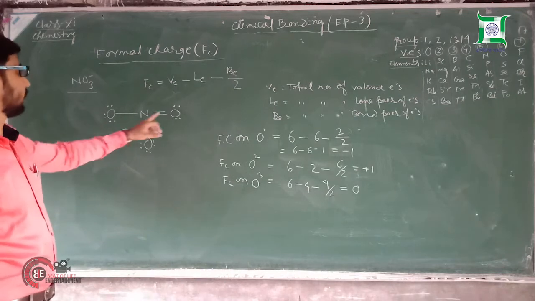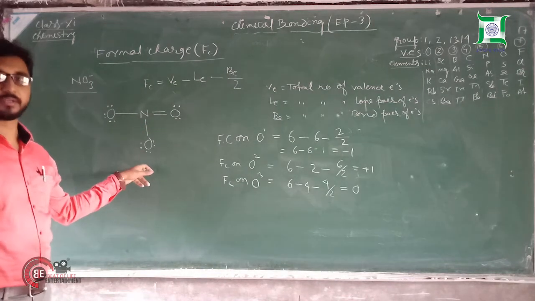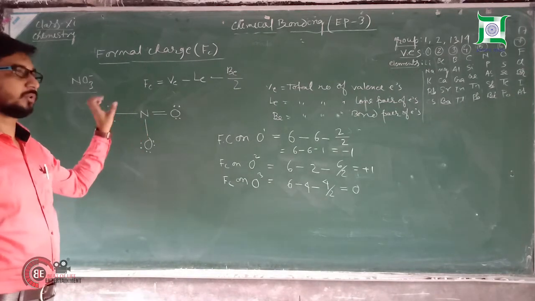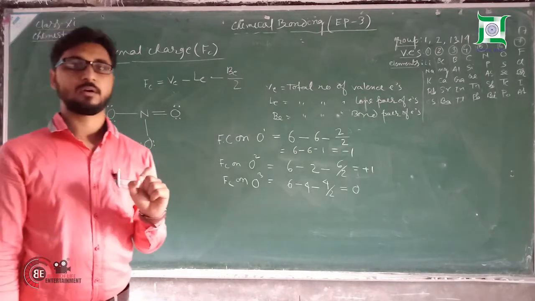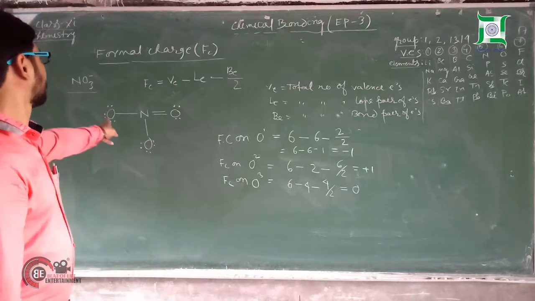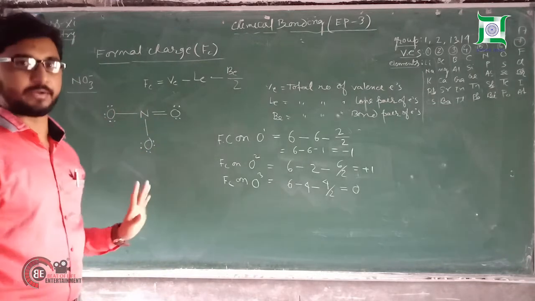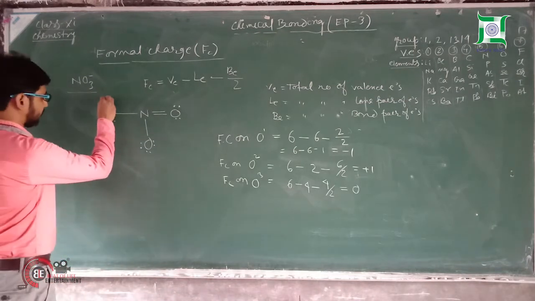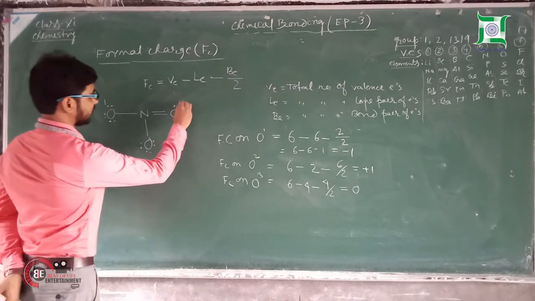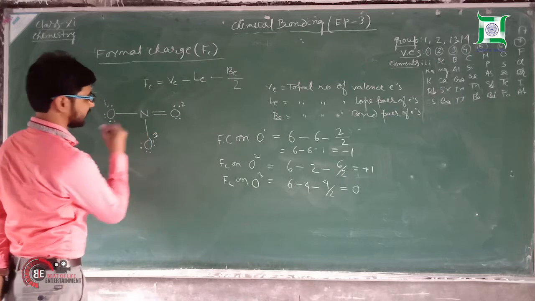So there are a total of 4 atoms, 3 oxygen atoms and 1 nitrogen atom. Now we calculate individually the formal charge on the 3 oxygen atoms and on the nitrogen atom. We number them oxygen 1, oxygen 2 and oxygen 3.